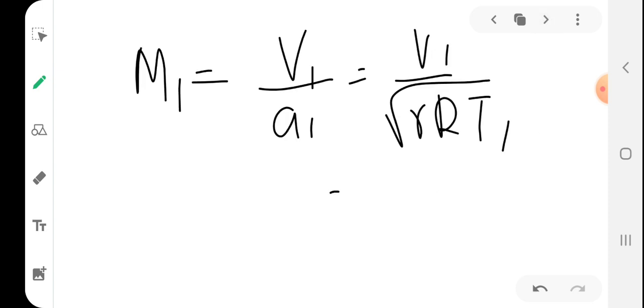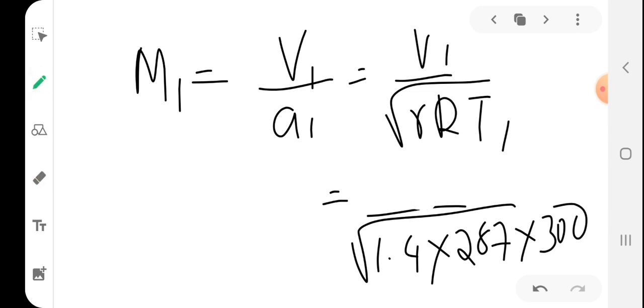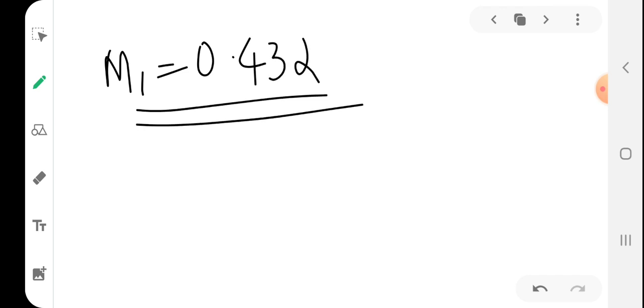So V1 by root of 1.4 into 287 into 300. V1 is given as 150. So you will get the value of M1 as 0.432. Mach number at section 1 is 0.432.